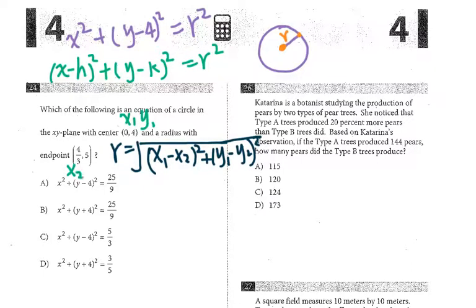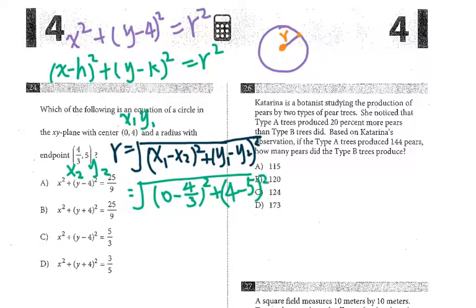This part is x2, y2. Then we plug into this formula, you will get (0 minus 4/3) squared plus (4 minus 5) squared. You will get 16/9 plus 1.